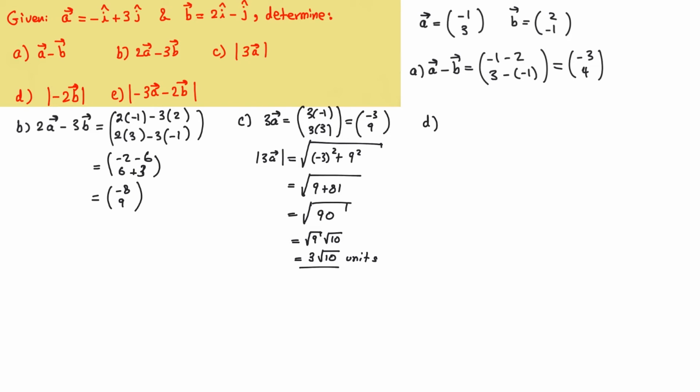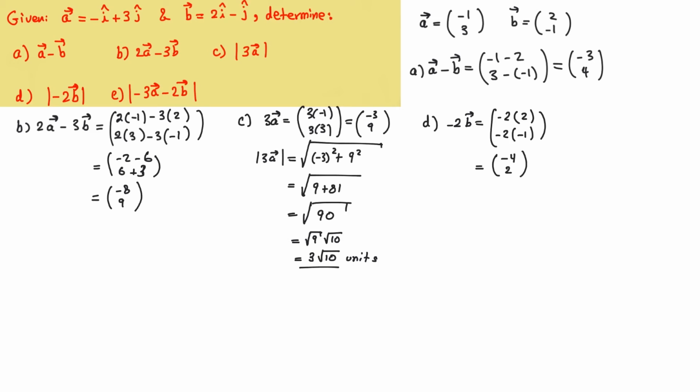We have to find the magnitude of -2b. So let's find -2 times vector B first. It will have an x component, which is -2 times 2, and y component of -2 times -1. This will give us an x component of -4, and y component of 2.